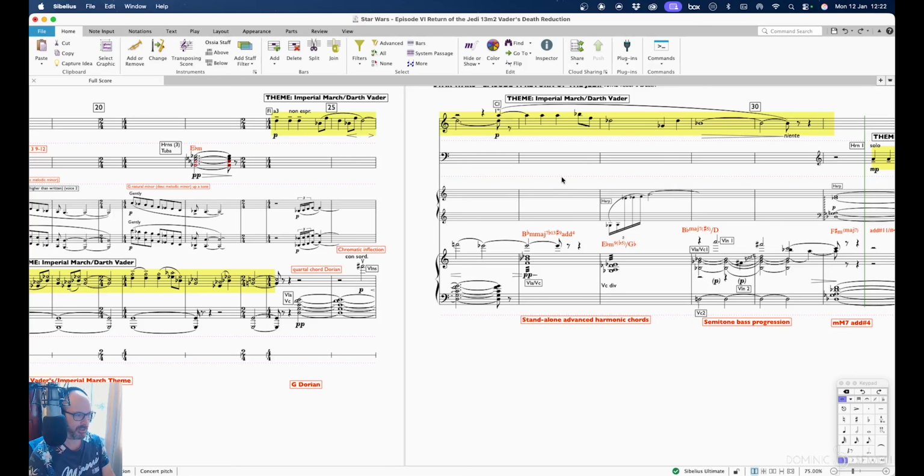And then when it goes into this, sort of almost romantic. So it doesn't resolve. Amazing. It just keeps going on.